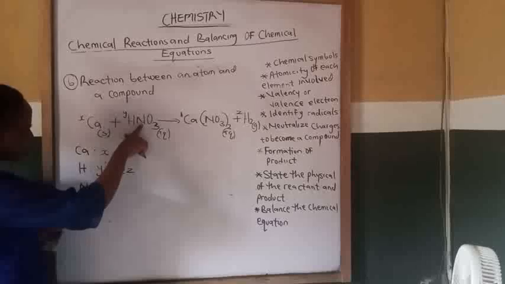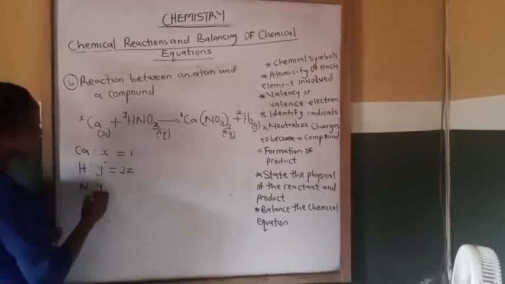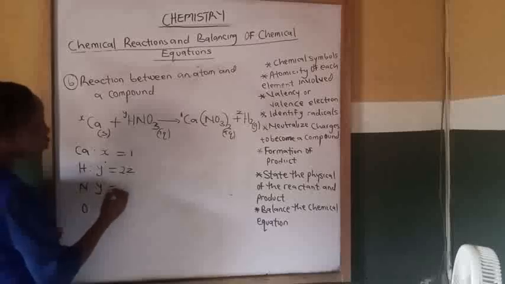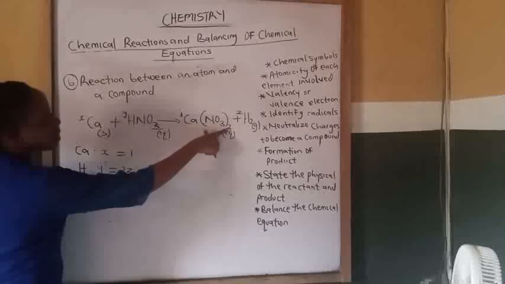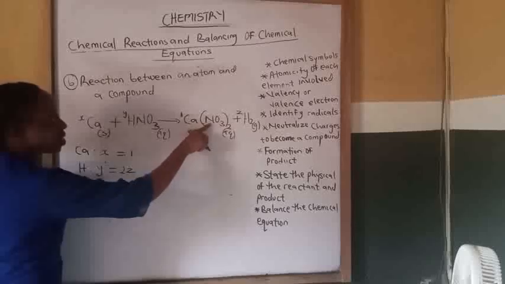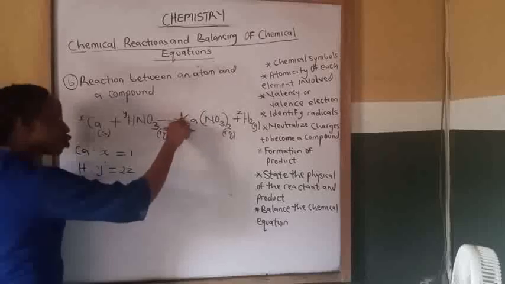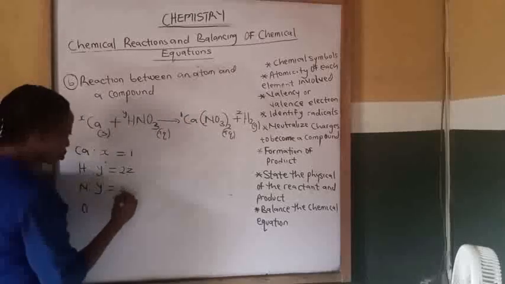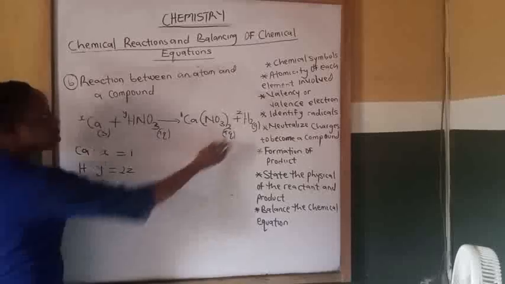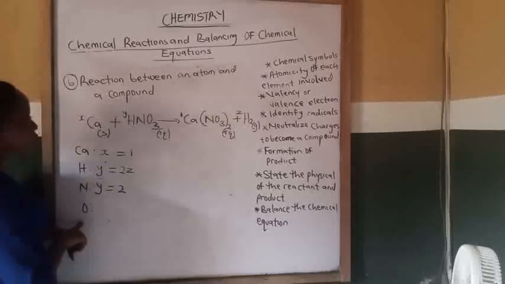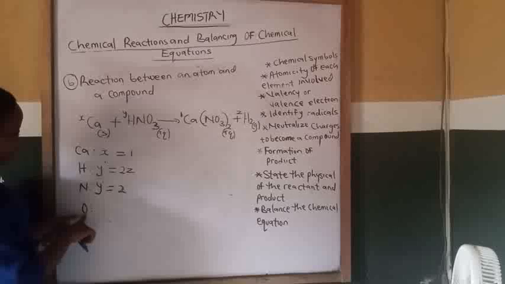Then to nitrogen. Nitrogen is 1. 1 times Y will give me Y, equal to, there is nitrogen here. Don't forget that what we have outside the bracket we multiply by what we have inside the bracket. So 2 times 1 nitrogen here, that is 2 nitrogen. So 2 nitrogen times the coefficient 1 is 2. There's no nitrogen here. So let's proceed to oxygen.